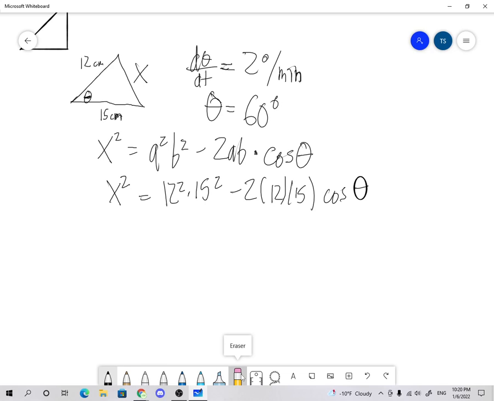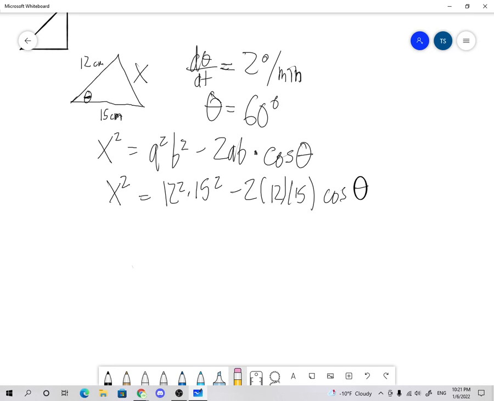Just to review my work, 2a times b, so that's minus 2 times 15 times 12. Why do I have 300? Am I doing the law of cosines wrong? Hold on a minute here. That's embarrassing.